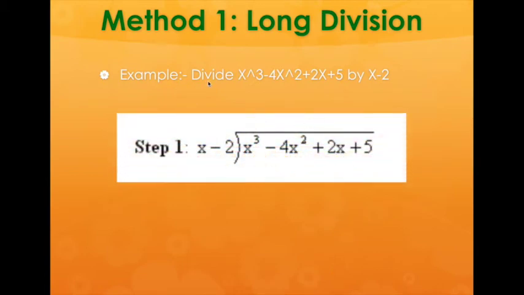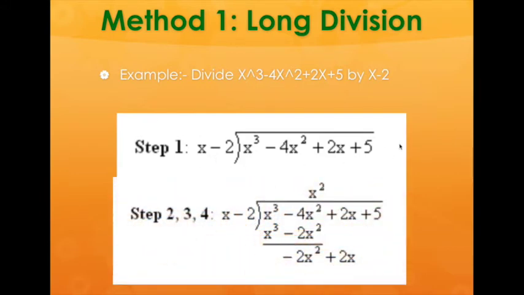This is an example. Divide x^3 - 4x^2 + 2x + 5 by x - 2. In this question, x - 2 is the divisor, and x^3 - 4x^2 + 2x + 5 is the dividend.